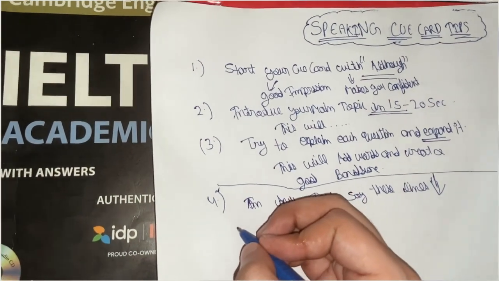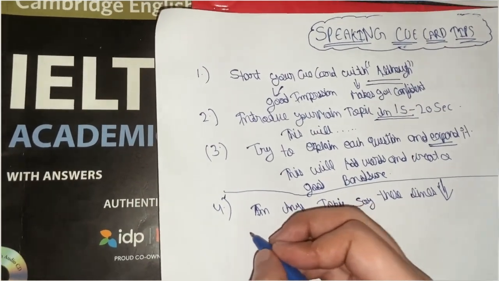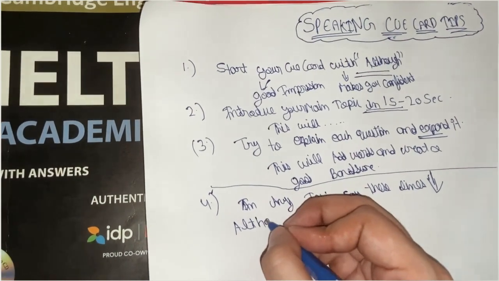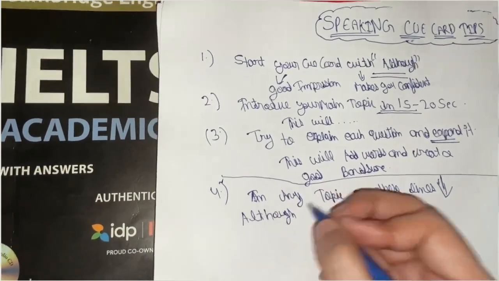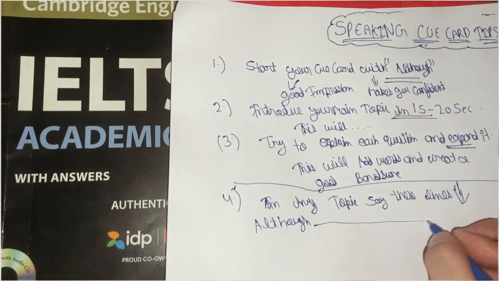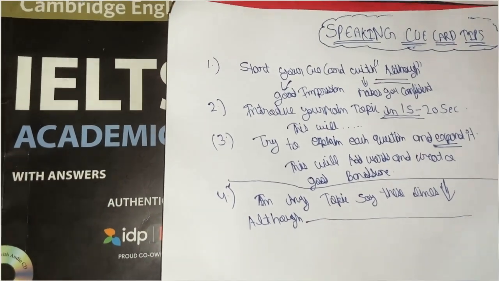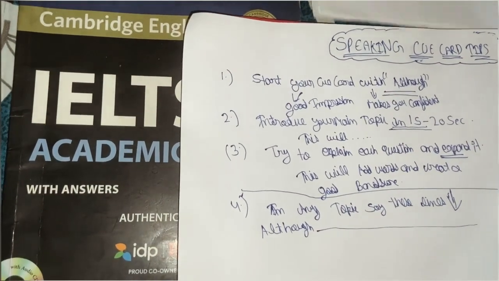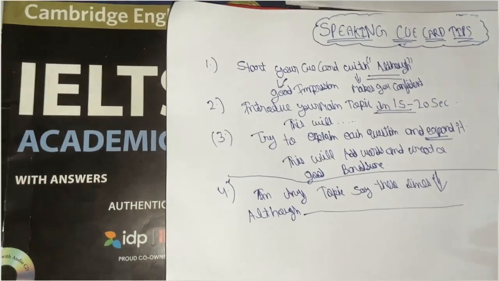It is a golden tip, guys. You can say this line anywhere, on any topic you have got. Okay guys, start your answer with "although" and then your main topic.